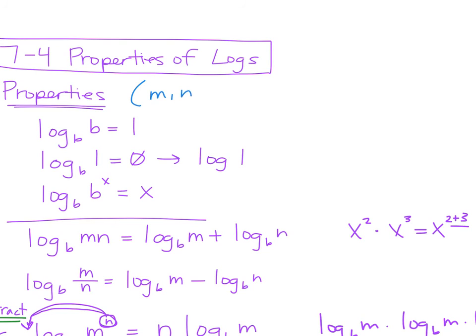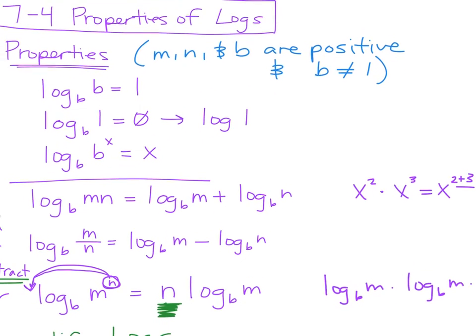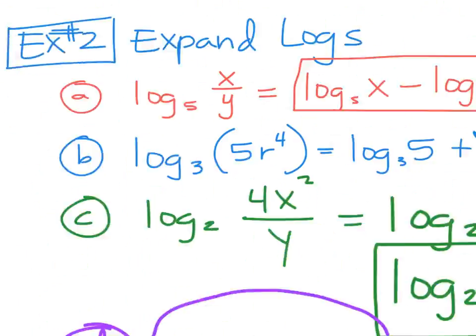For these, M, N, and B are positive, and B doesn't equal 1. Okay? M, N, and B are positive. B does not equal 1. Sorry, I just realized I never wrote those when I saw them here.